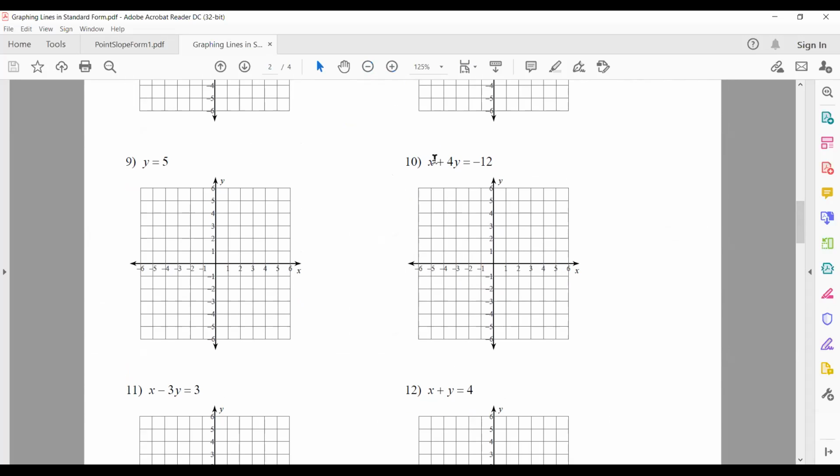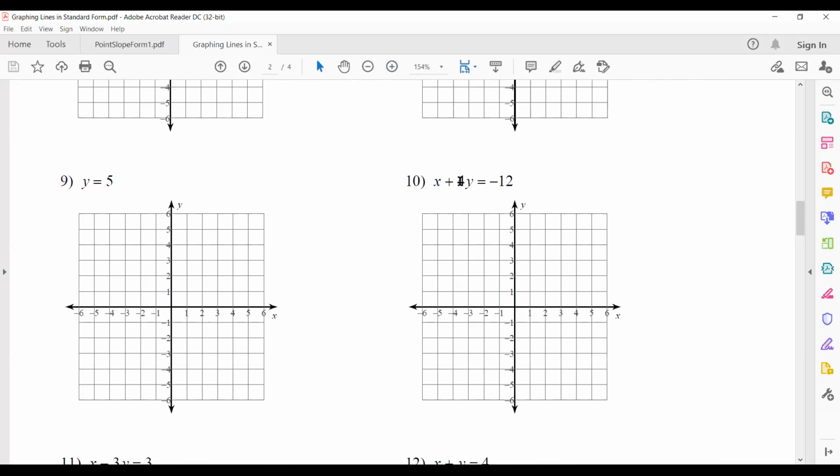Because on number 10, if I make x equal to 0, then I've got 4y equals -12. So y is going to be -3. So (0, -3). And if I make y equal to 0, x is just going to be -12. So it doesn't necessarily all have to divide every time.